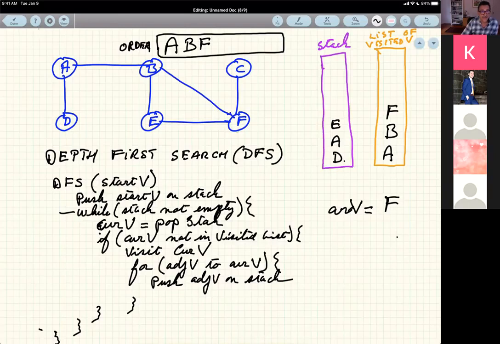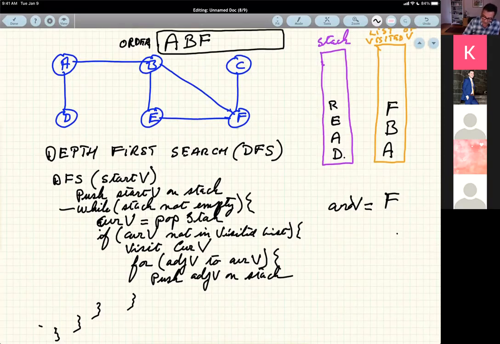We can reach C, B, and E. So I go back up to the top.